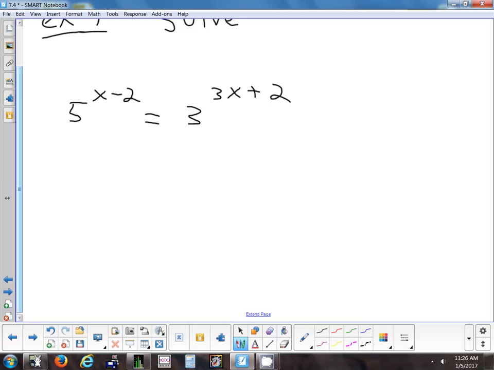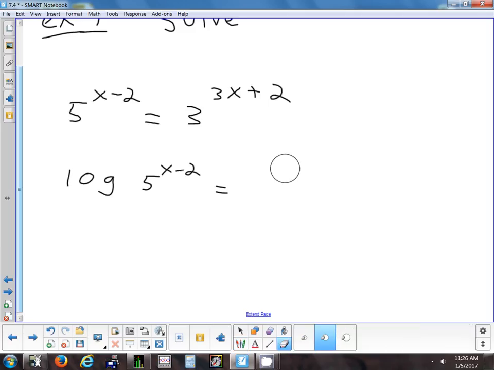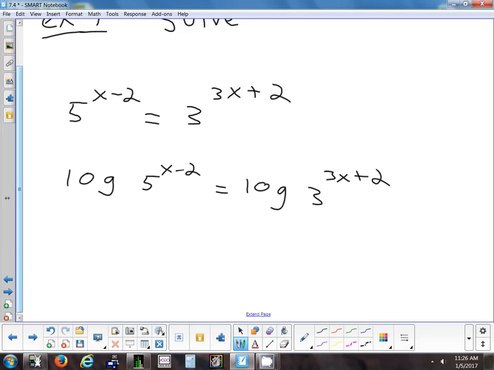If we put it on one side, we have to put it on the other. So the first step I'm going to do is take the log of both sides. And I'm going to write what I actually said. We've never done that before, but we've done that idea before. Anytime you solve an equation, you do something on both sides. That's all I did. Took the log of both sides.